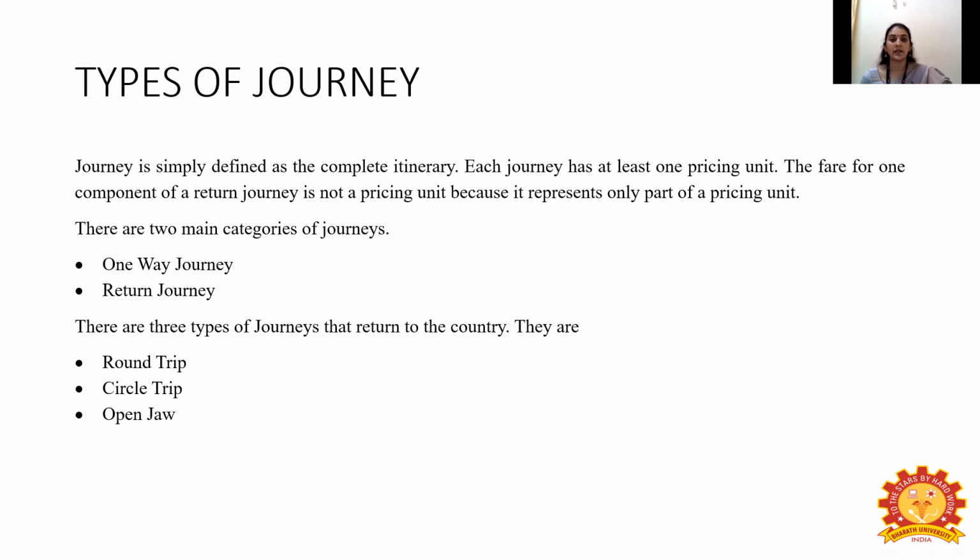So we categorize that into 2 basic classifications: one-way journey and return journey. A one-way journey is when you go from this place to another place and don't come back. In a return journey, you go and come back to the same place. Return journey has 3 further classifications: round trip, circle trip, and open jaw. Now we'll discuss these in detail.